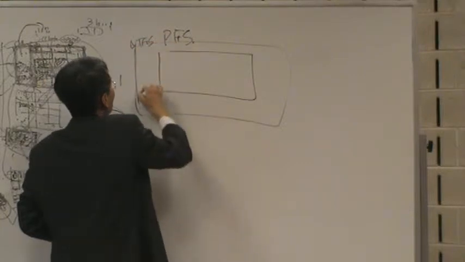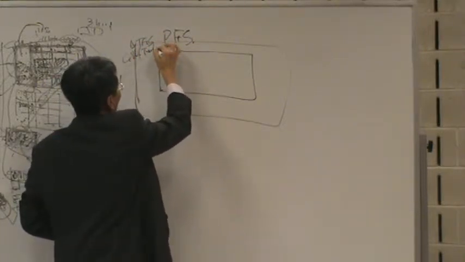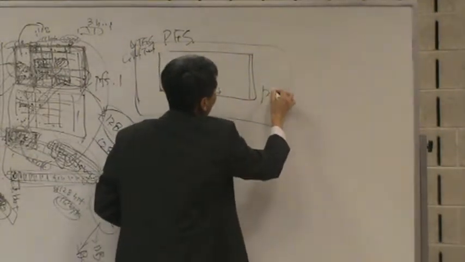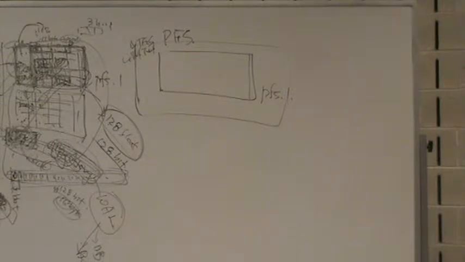On top of that, for example, this is C temp. Under the temp, you can create this file system. The name is PFS dot 1.